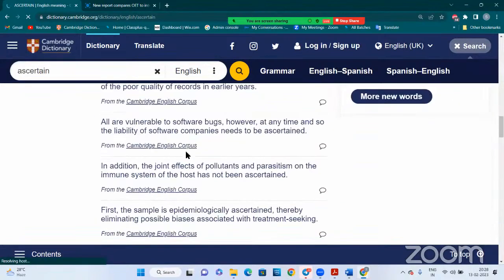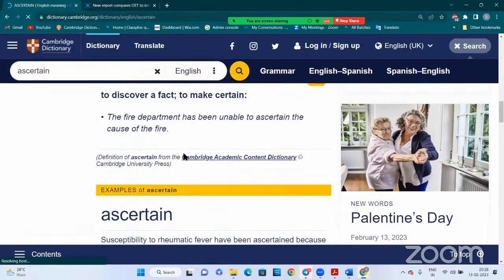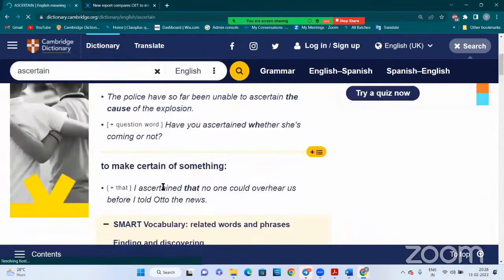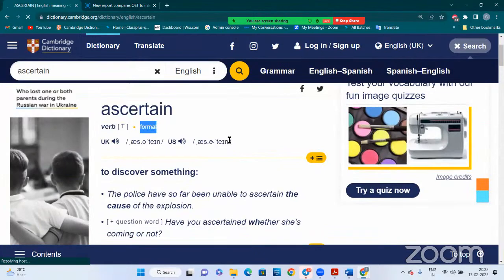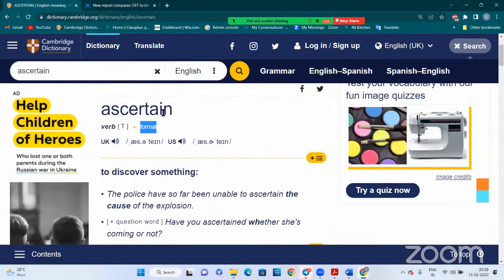Ascertain means to make sure, to ensure. Use these formal words in your writing. But this word is already there in the case note, so don't use this word. So you can use the word ensure.